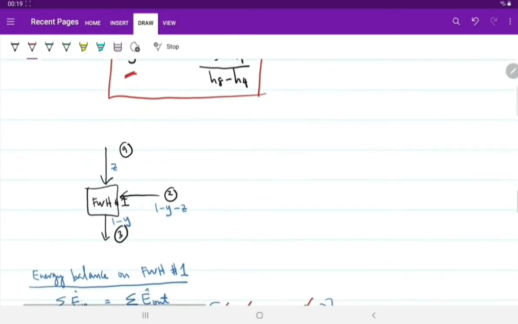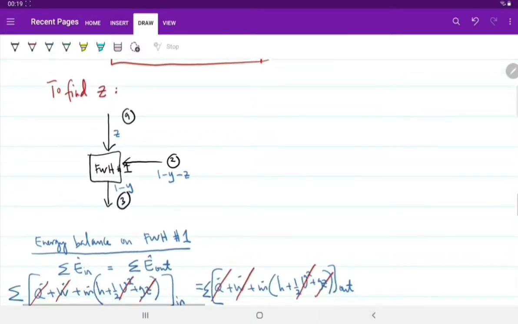To solve for Z, okay, let's say you want to find Z, we can use feed water heater number 1, which is also insulated.